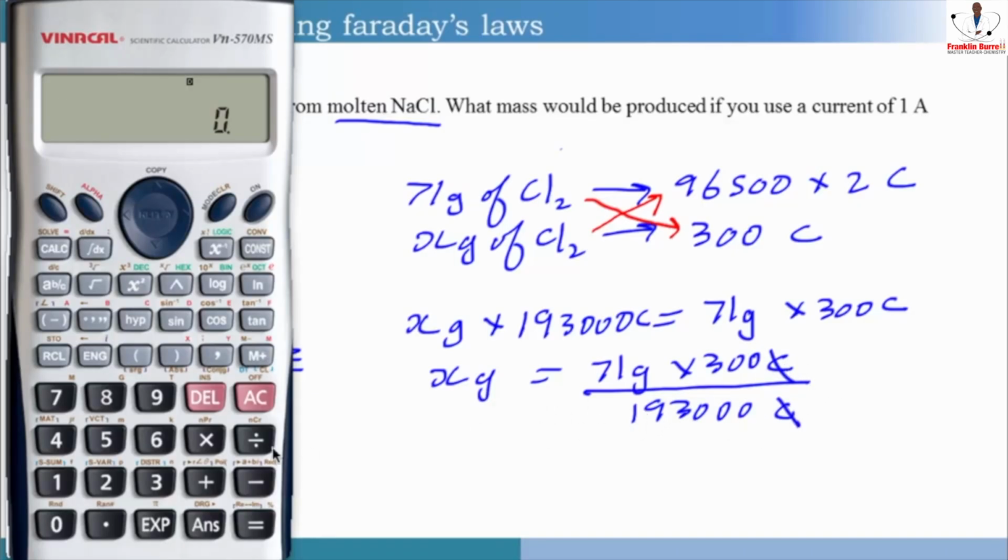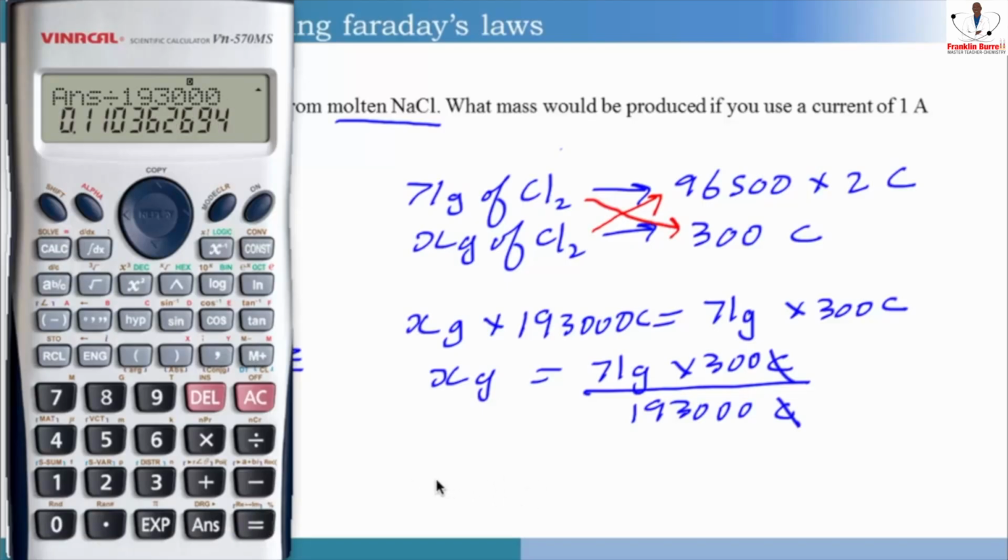193,000 coulombs. So here we have 71 times 300, which is equal to 21,300. And that will now be divided by 193,000.